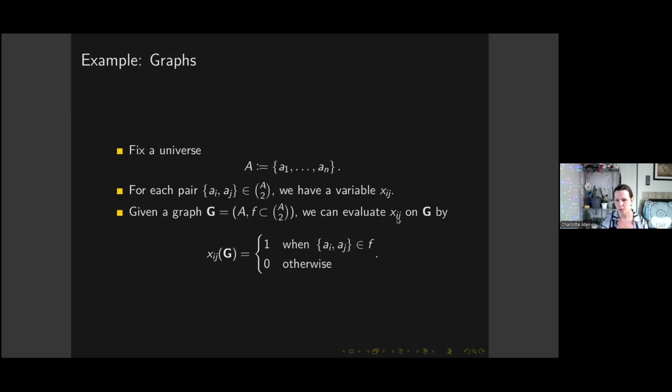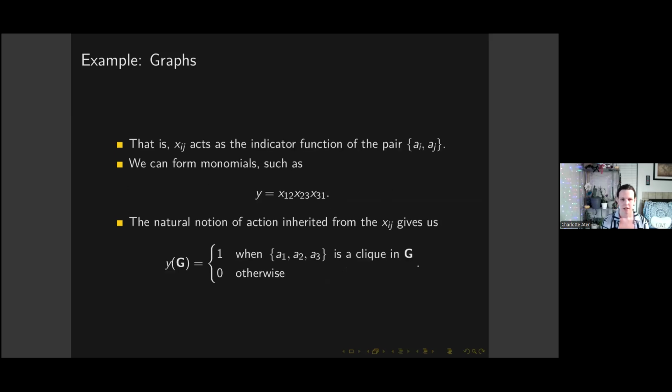We could evaluate one of these variables on G by making it the indicator function of that edge in the set of edges F. If G has an edge between the vertices Ai and Aj, then this quantity would be 1, and otherwise it would be 0. We can extend that in the natural way to form monomials, like for instance x12, x23, x31.